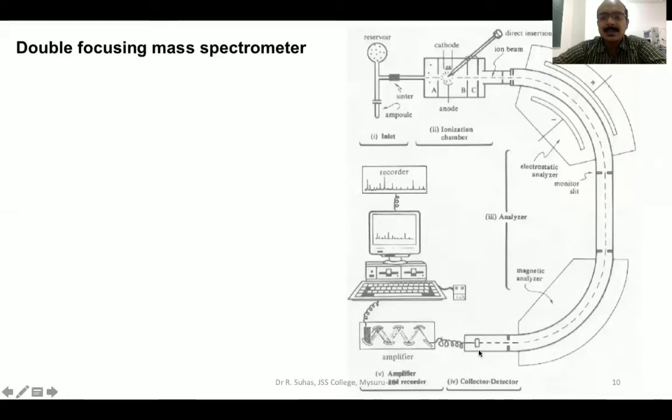Once it is detected and collected, it will go to the amplifier, and in turn it will be recorded in the computer in the form of a spectrum called the mass spectrum. So essentially, a mass spectrometer will have 5 different components: 1, inlet; 2, ionization chamber; 3, analyzer; 4, collector and detector; 5, amplifier and recorder. We have to study all the 5 components in detail now.